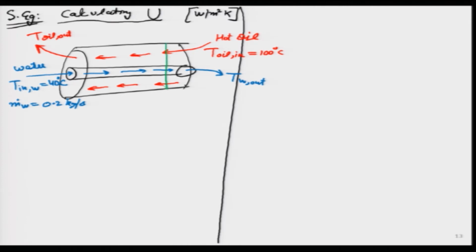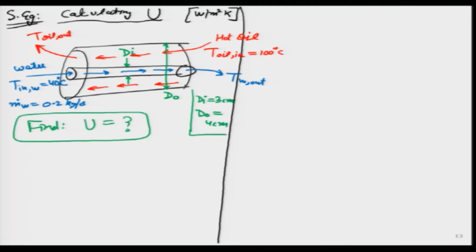Let me write first the outer diameter is DO, the inner diameter is DI. So, these values I know. The DI value is 3 centimeters, the DO value is 4 centimeters. And what I want to calculate over here is the value of U.